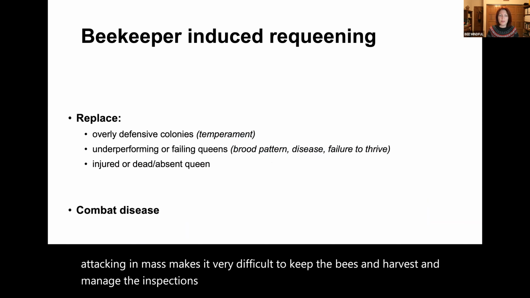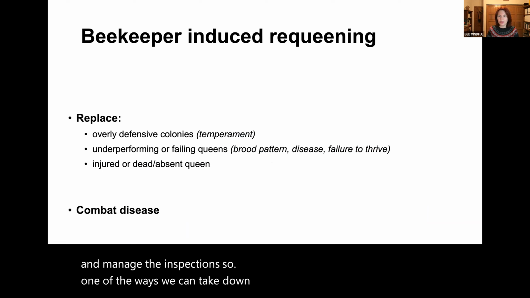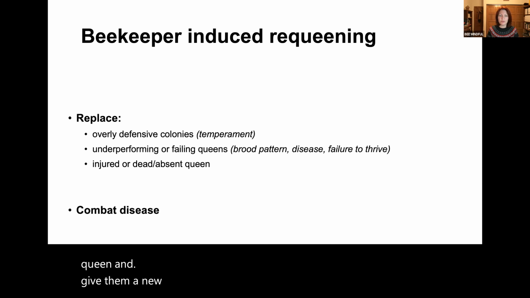So one of the ways we can take down the temperament of a colony that's constantly, every time you go in, super defensive, is to take out the old queen and give them a new queen, or make them make another queen.